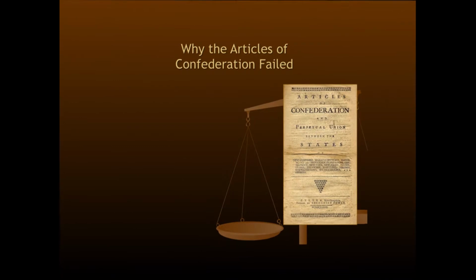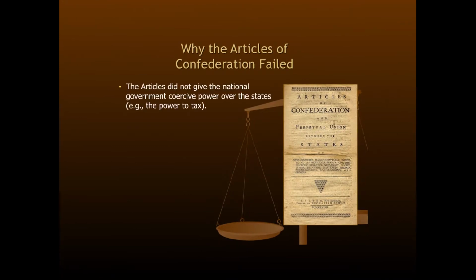And so consequently, we know why the articles themselves failed, simply because the national government had very little power. And we've discussed that in lecture and class. We know it didn't have the power to tax, it had no power of coinage, any number of things which laid out a weak system in which the parts had more power than the whole.